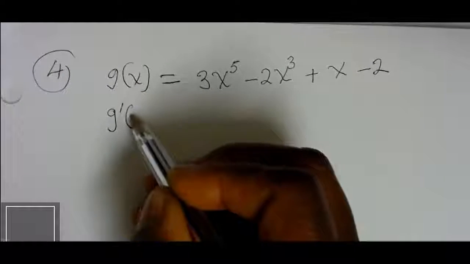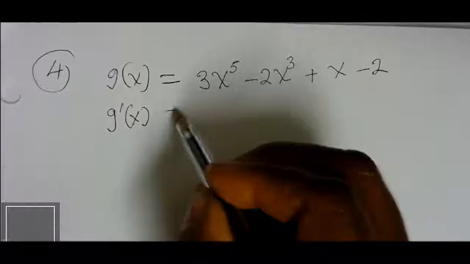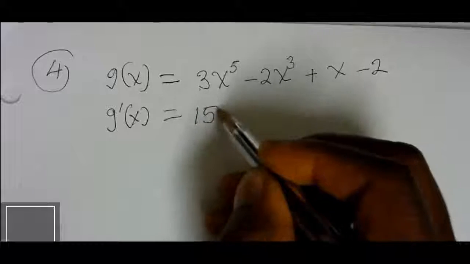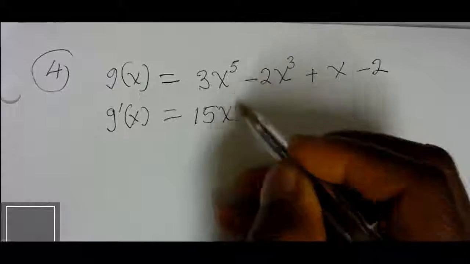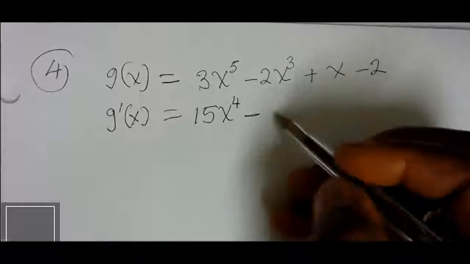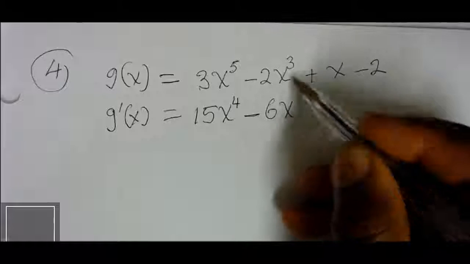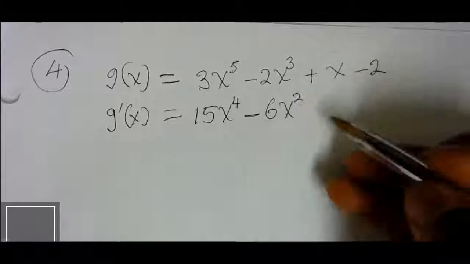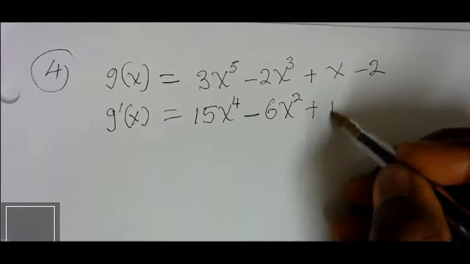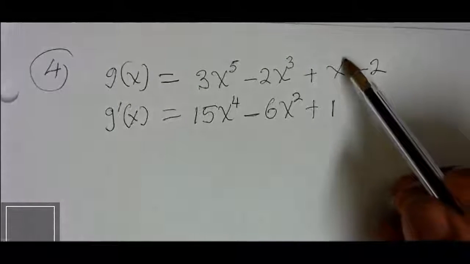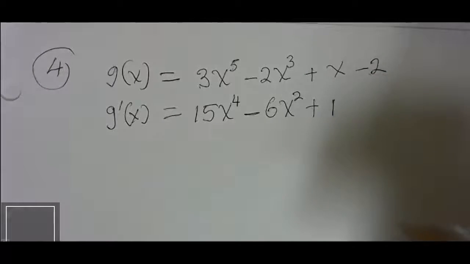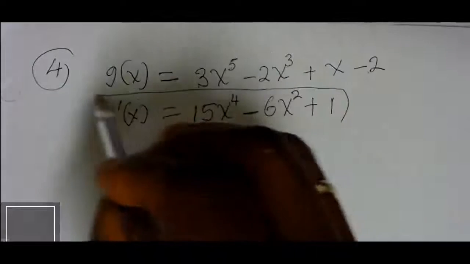So the g prime of x is going to be 5 times 3, which is 15, x to the power 5 minus 1, 4, minus 3 times 2, 6, x to the power 3 minus 1, 2, plus 1 times x to the power 1 minus 1, which is 0, so that's gone, and the constant is 0. So that will be our answer.